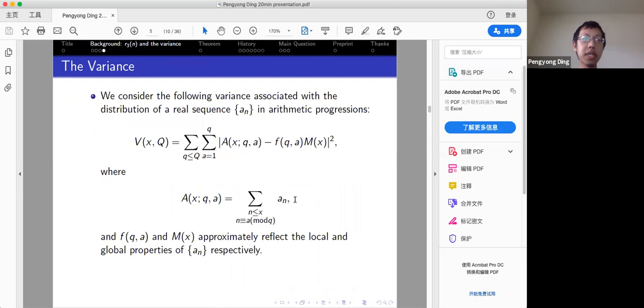The second question is about the variance associated with the distribution of a real sequence in arithmetic progressions.